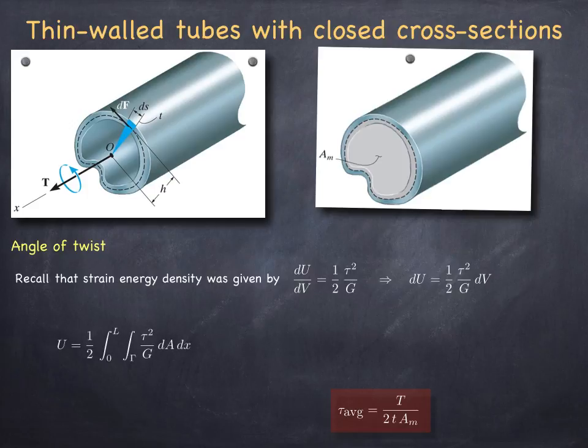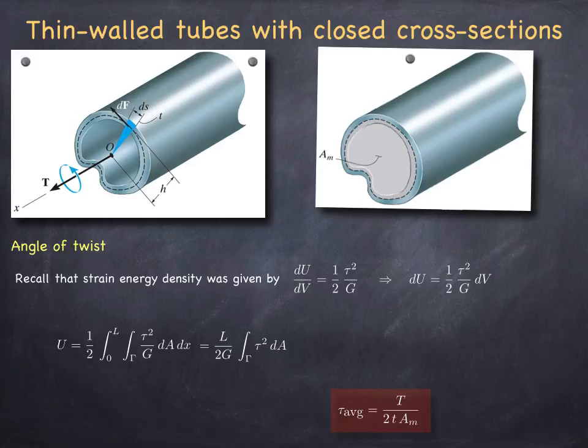And we can split that volume integral into two parts, an integral along the length and an integral across the cross section. If we're looking at a prismatic beam where nothing is changing along the length of the member, not the cross-sectional shape nor the materials, then we can pull the G outside the two integrals, and also the outer integral will then be just L, giving us the result L over 2G times the integral of tau squared over the cross section. That's the entire energy stored in the system.